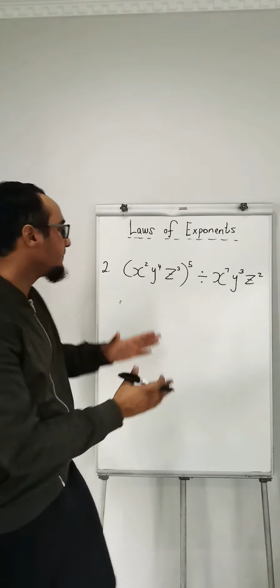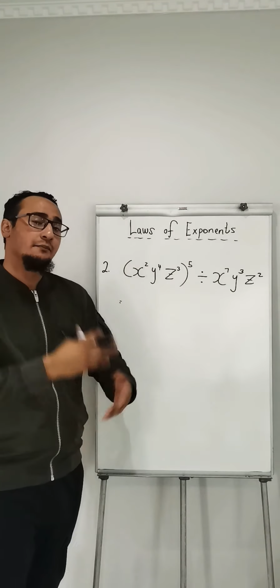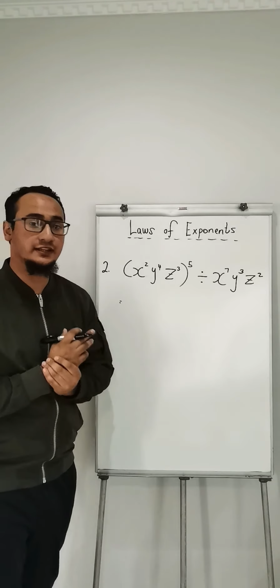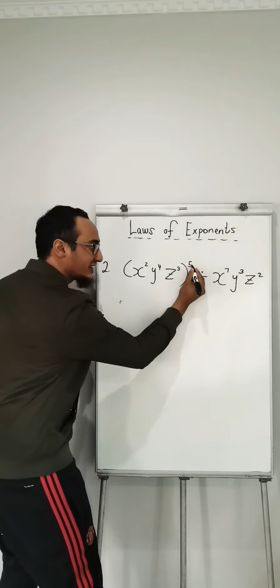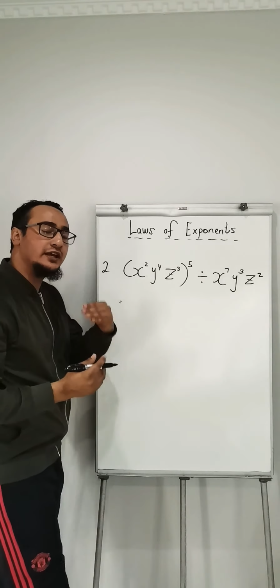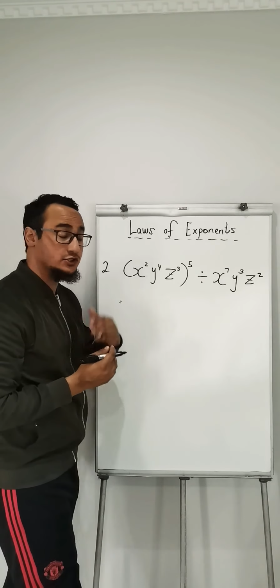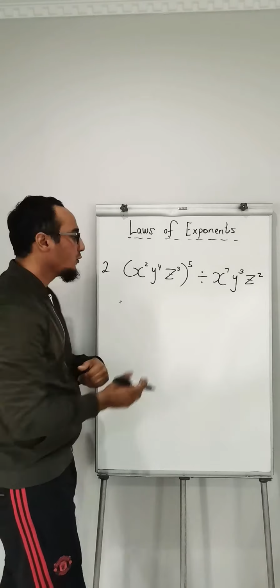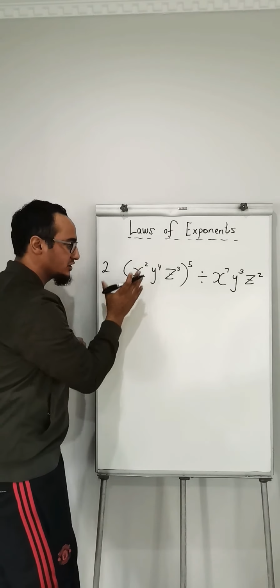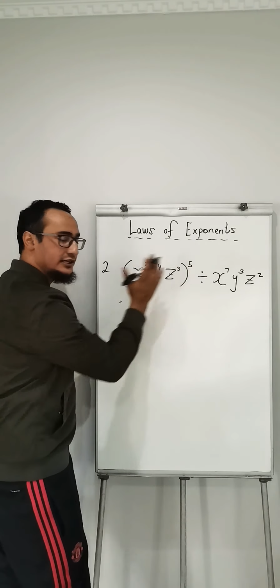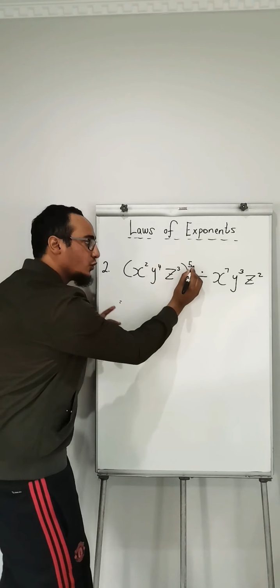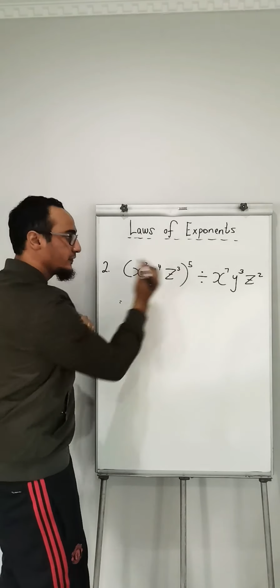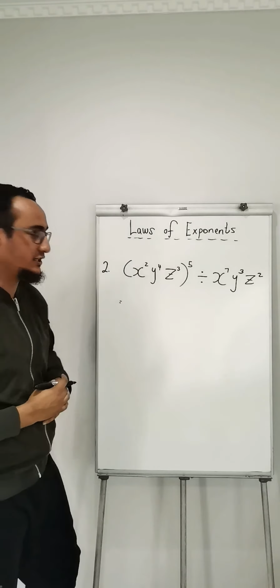Over here I have a more complicated example, but the application and the laws stay the same. I see brackets. What do I notice? I look at that 5 over there. If I look at law number 2 and law number 3 and law number 4, when I have a power or an exponent raised to another exponent, I multiply all the exponents on the inside with the number on the outside, which is your 5, or also known as your raised exponents.